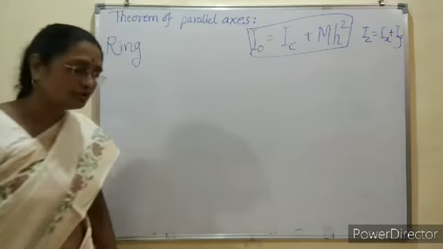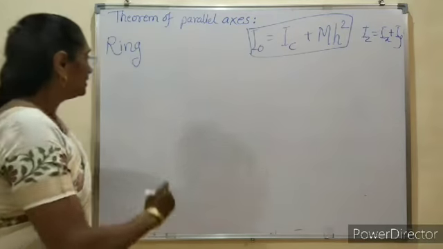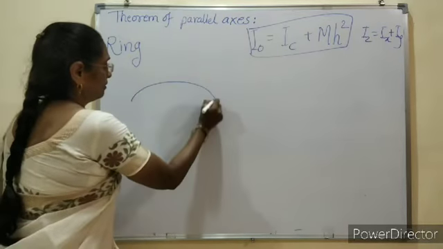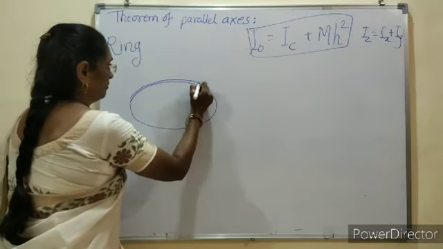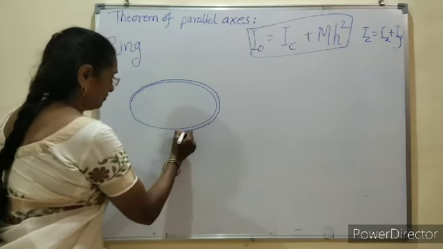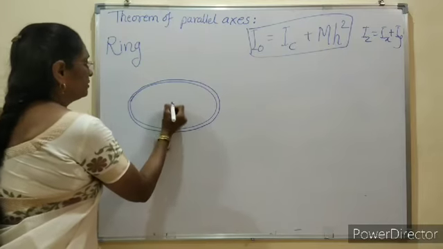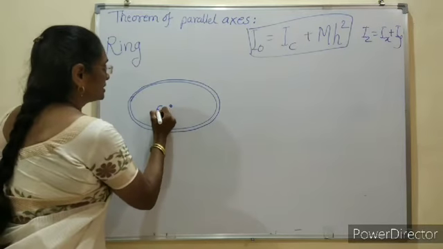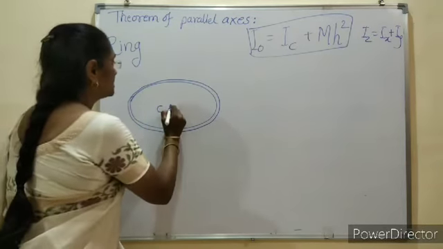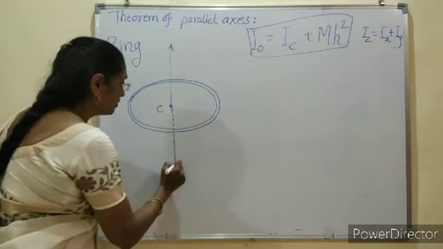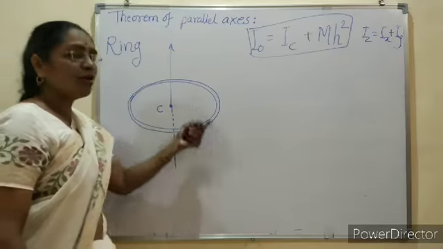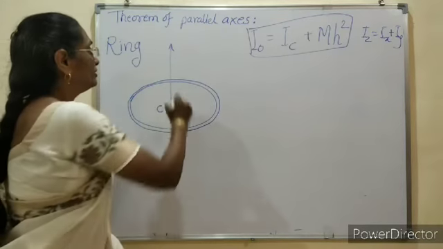So if we consider the ring as a body, the ring can be shown in the horizontal plane. Its center of mass can be shown by C. Axis passing through C and perpendicular to the plane of ring can be shown like this.